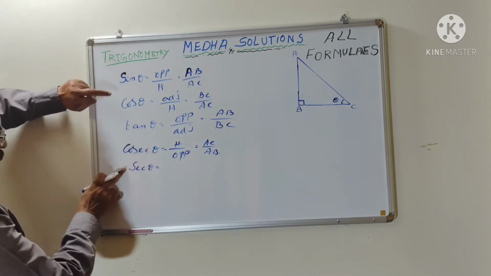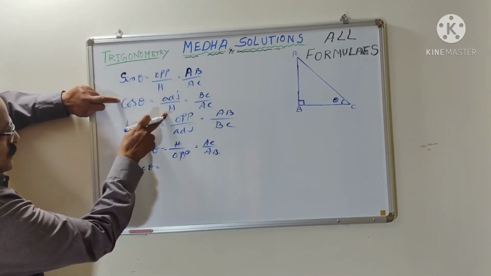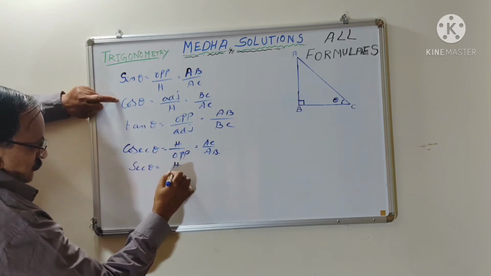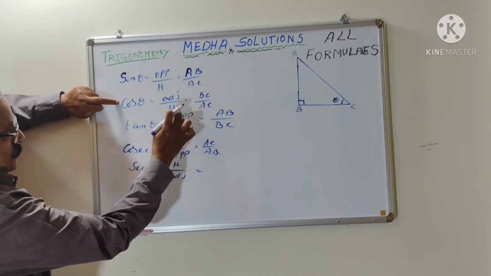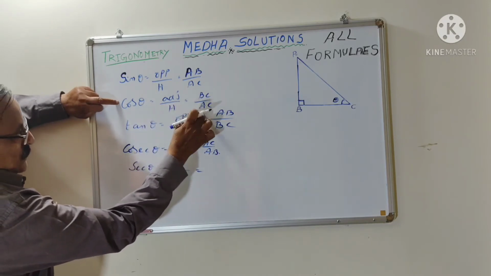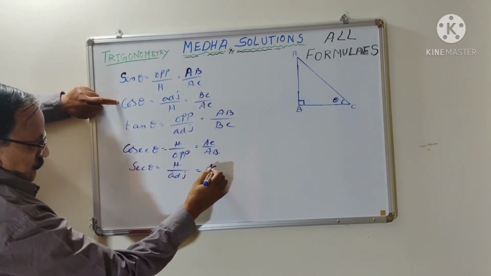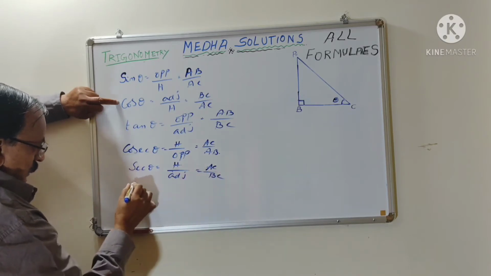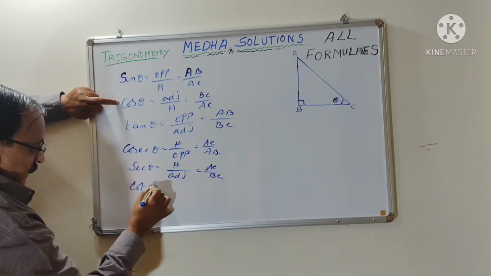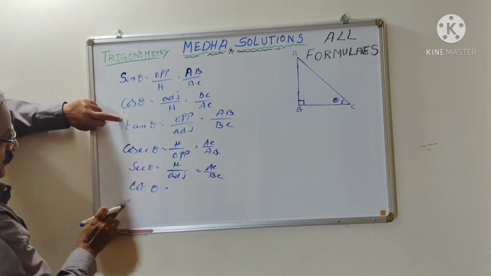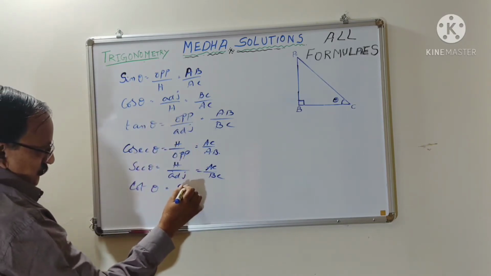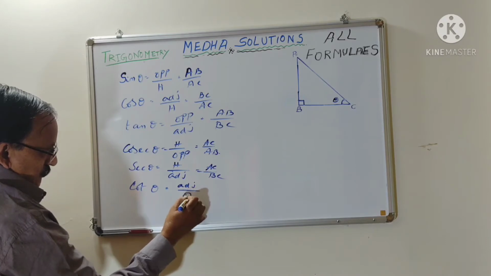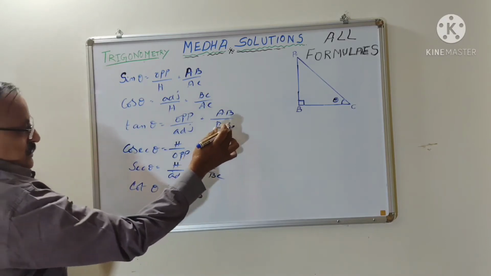Sec is the inverse of cos, hypotenuse by adjacent, that is equal to AC by BC. Cot theta is the inverse function of tan, adjacent by opposite, BC by AB.